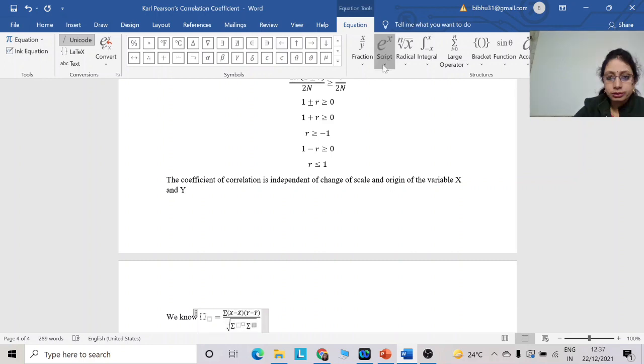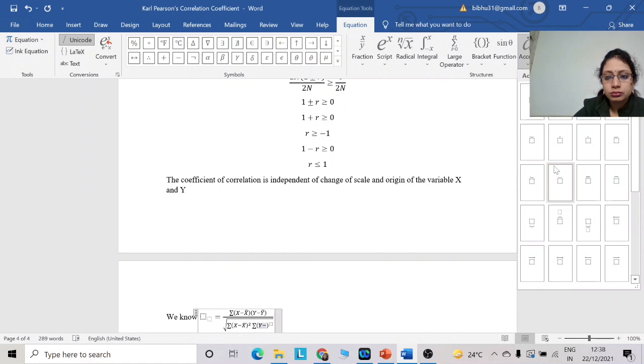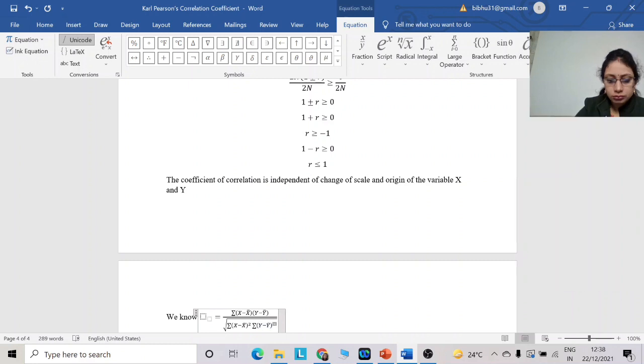So the only thing is I'm rearranging this one.